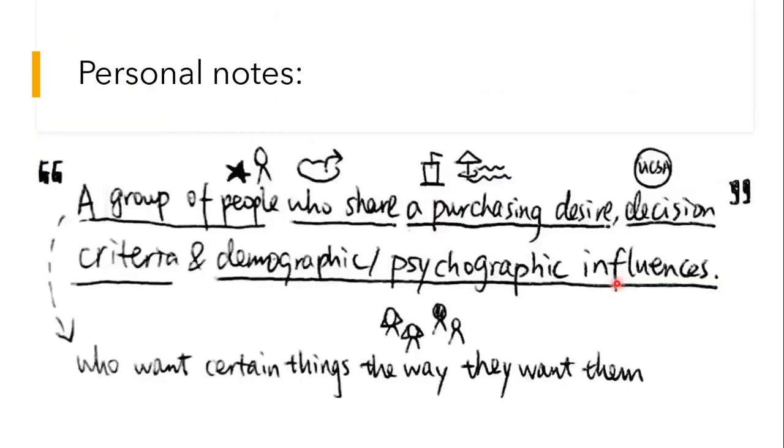So these are someone's personal notes I wanted to share with you, and someone wrote down this. It's a group of people. We're talking about market, right? It's a group of people who share a purchasing desire, decision, criteria, demographic, psychographic influences, who want certain things the way they want them.